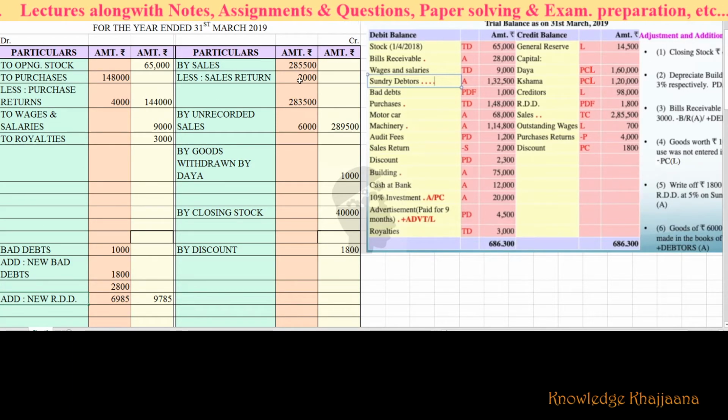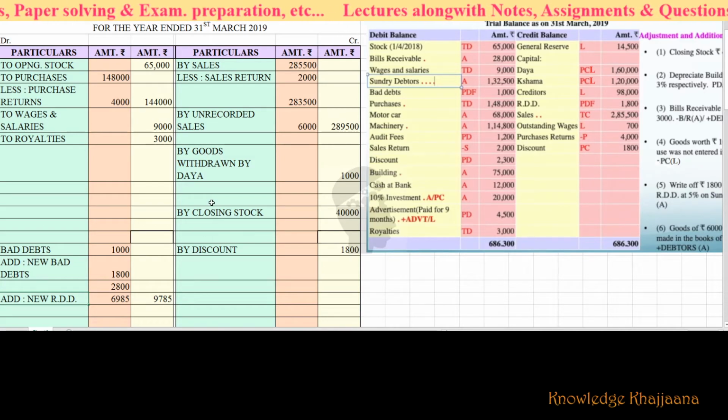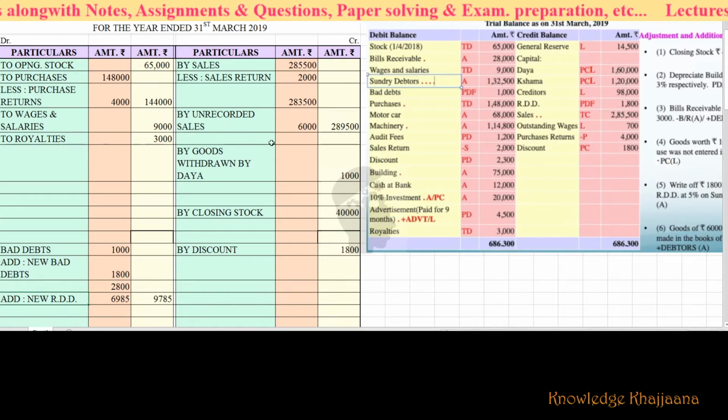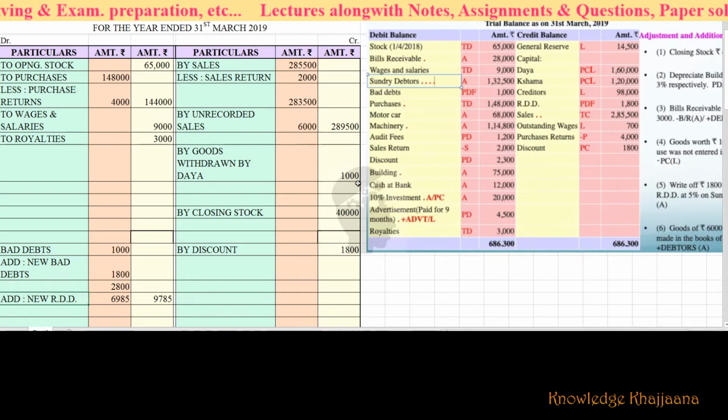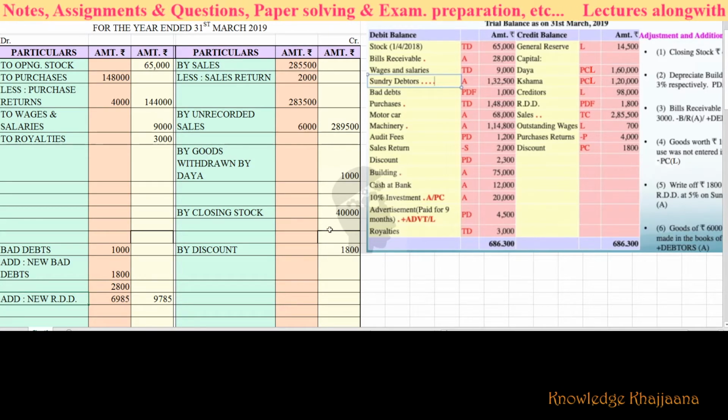Yes, we have calculated this, this, and this. The amounts on the credit side must be bigger, then only there would be a profit. Here it is obviously seen that the credit side amounts are bigger, so we'll calculate the total of this.